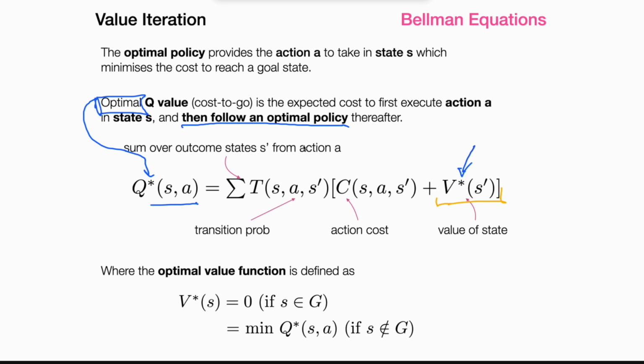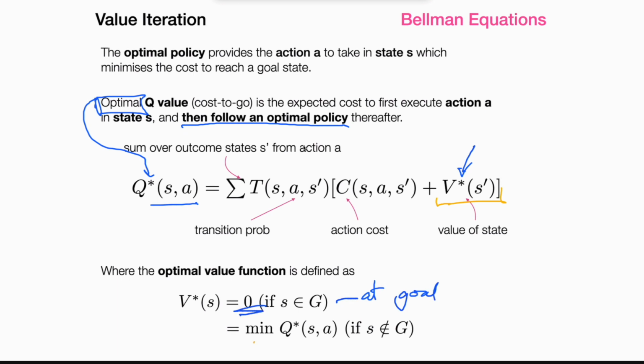So the question is, how do we define this optimal value function? Well, the optimal value function is simply the Q value of the minimum cost action to reach the goal. So that says, if we're already in the goal, then the cost is 0.